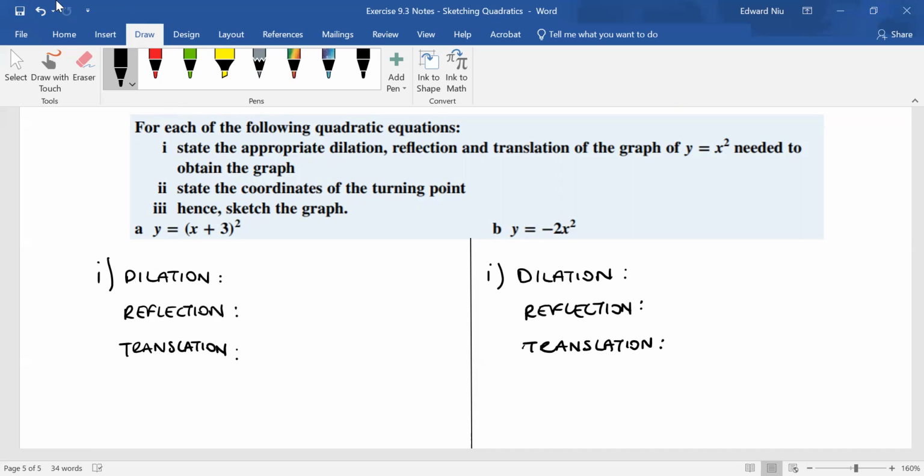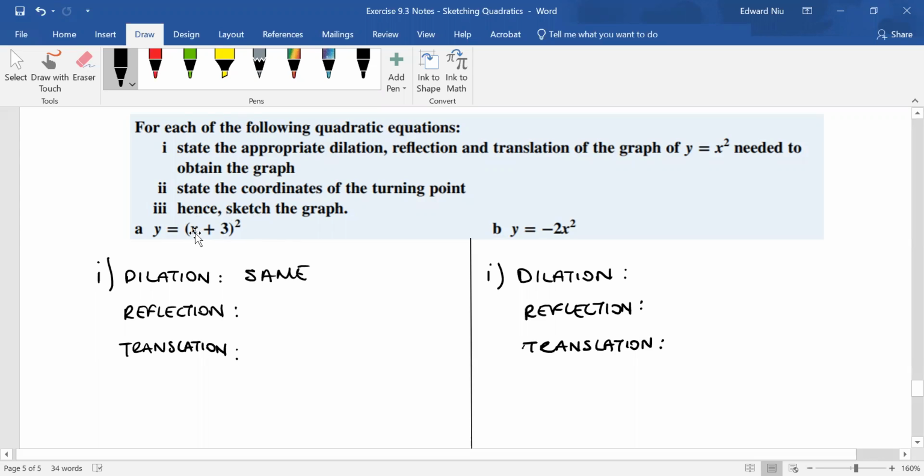Right. So the first one we take a look at is y equals (x plus 3) squared. Now the dilation is going to be the same as y equals x squared, because if we expanded this out, the first expansion is x times x, which gets us the x squared.